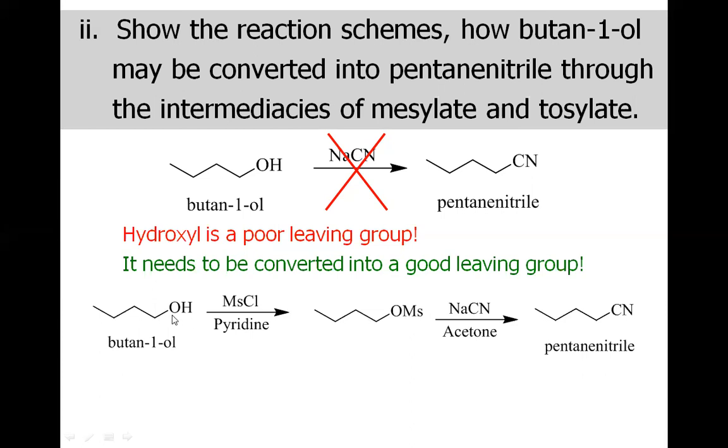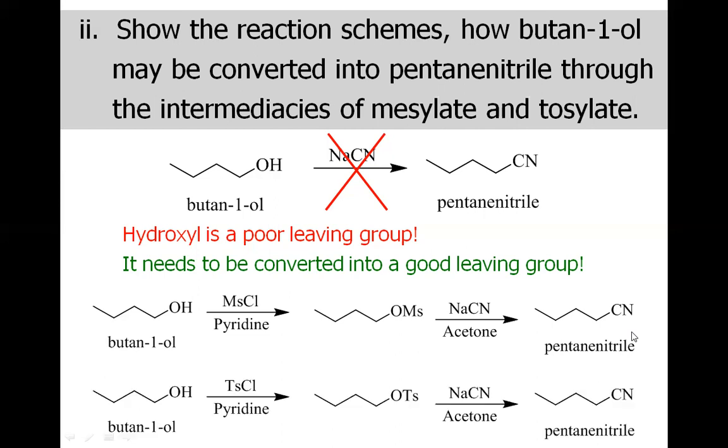First of all, we will treat this alcohol with mesyl chloride. That will generate an intermediate where OH will be replaced with OMs, and now OMs is a better leaving group. Here the cyanide will attack this alpha carbon, and this mesylate anion will leave. As a result, we will get the pentanenitrile.